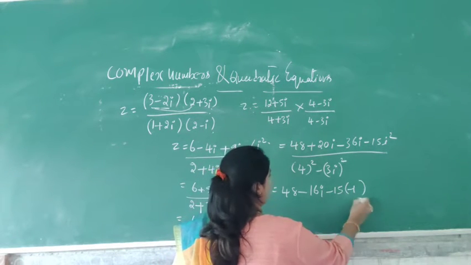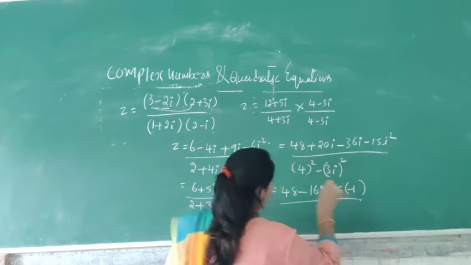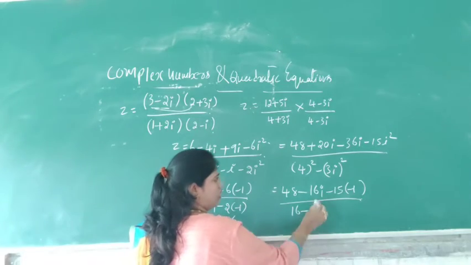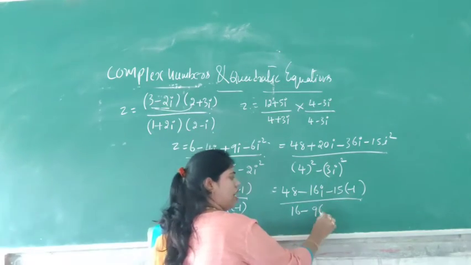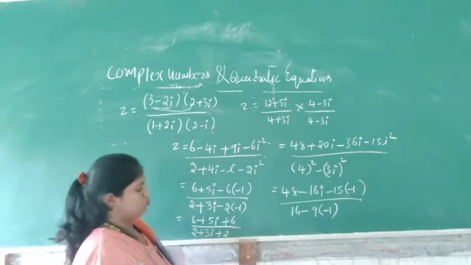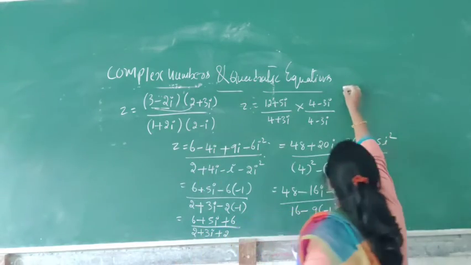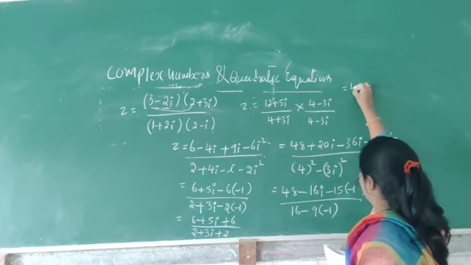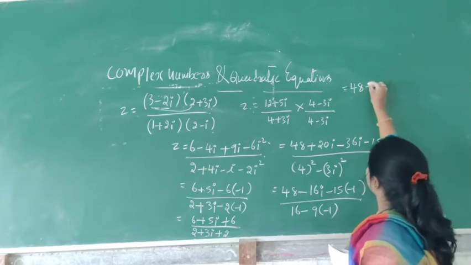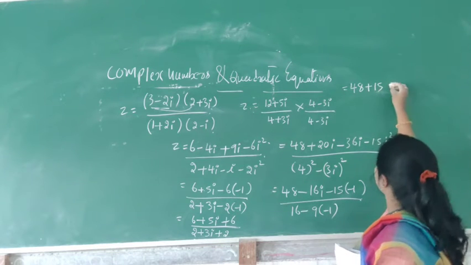The i square value is minus 1. Okay. So 4 fours are 16 minus 3 3s are 9, the i square value is minus 1. So which is equals to 48, so minus into minus plus 15, you take the real part, okay?